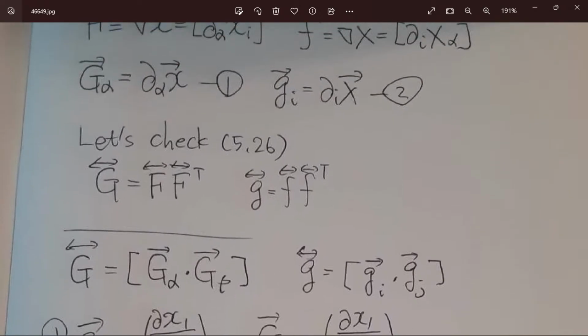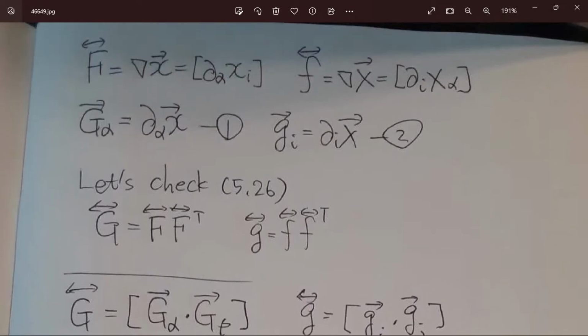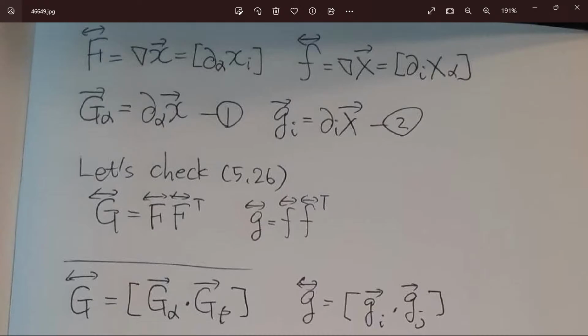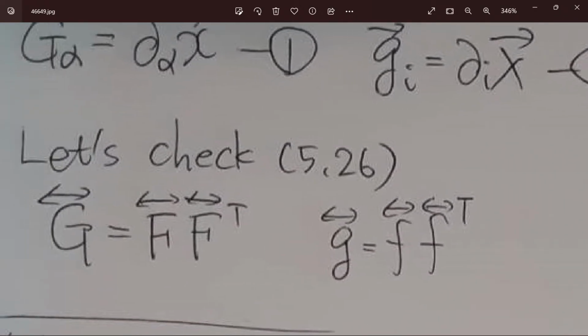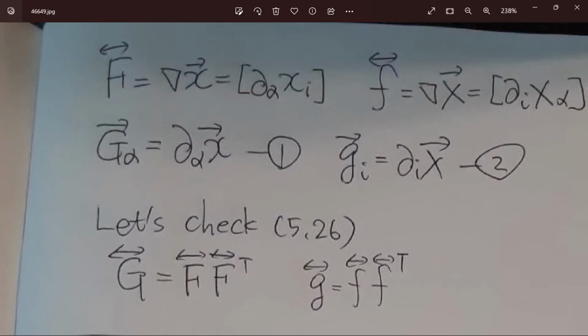And now we can calculate what we get from equation 526. That's this. So we need the F tensor.